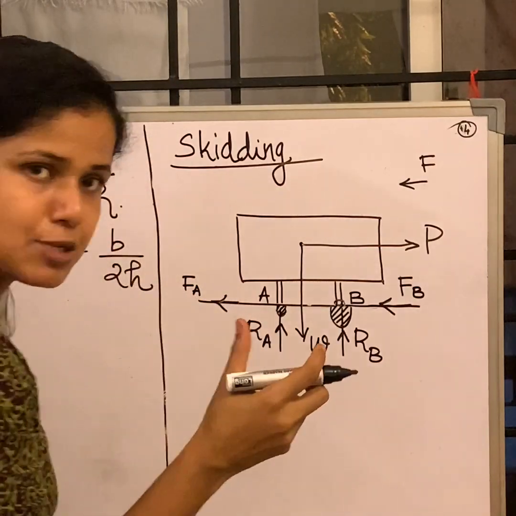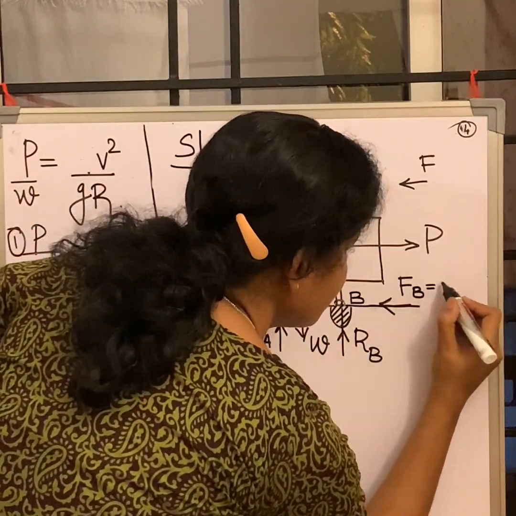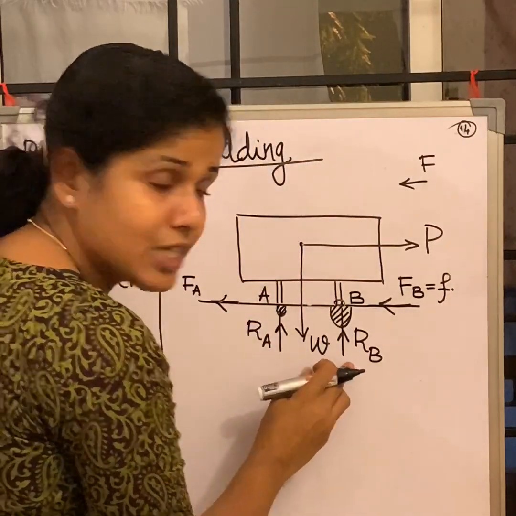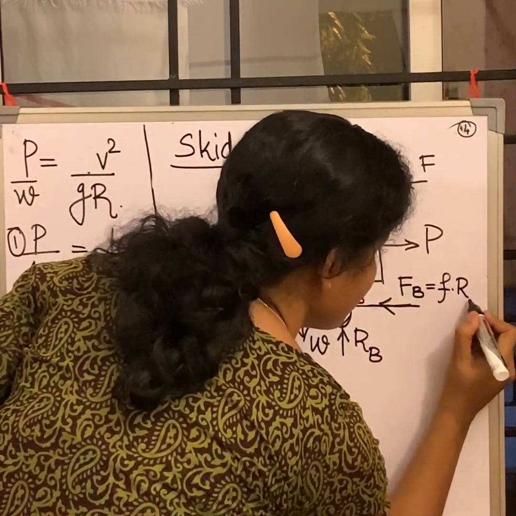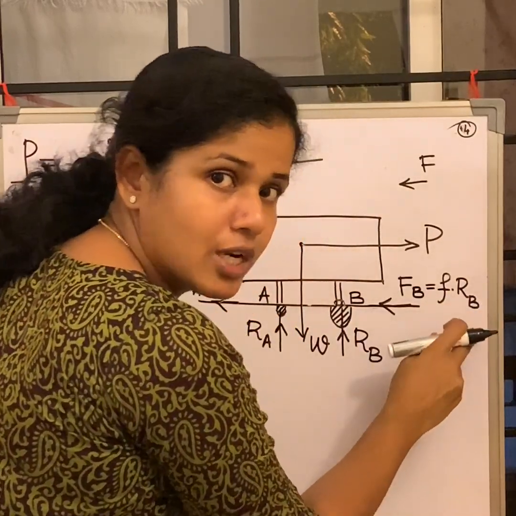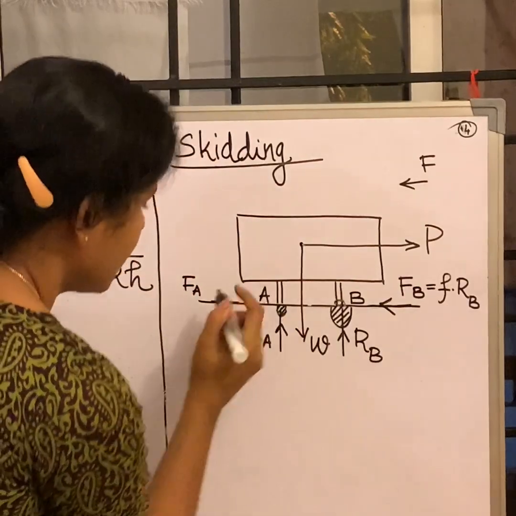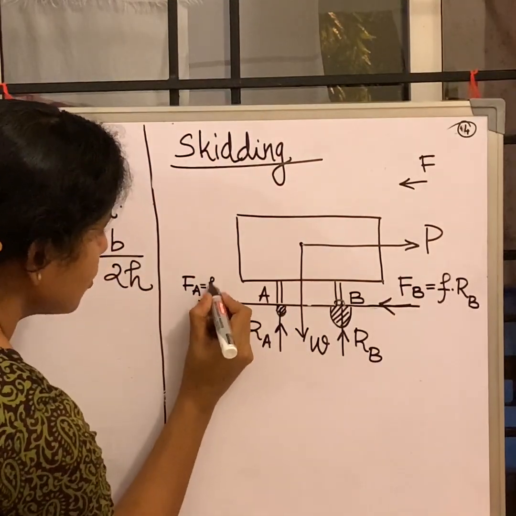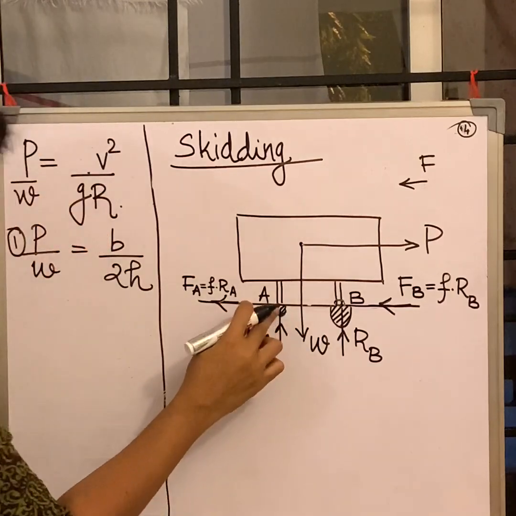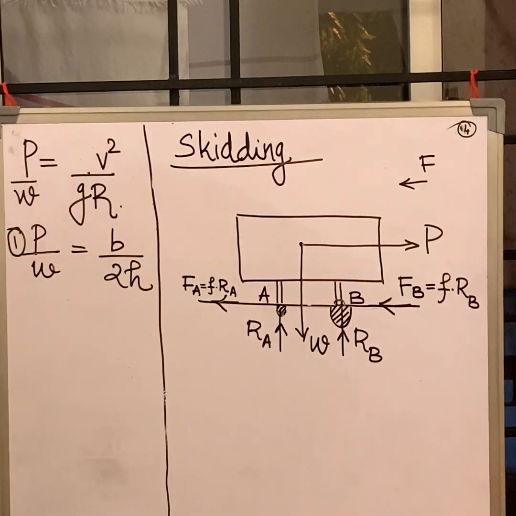Can we slightly expand it? We all know the frictional force is the coefficient of friction times the normal reaction. The normal reaction here is RB. So FB is equal to f into RB, coefficient of friction into the reaction. Similarly, FA is equal to f into RA, because this is the friction and this is the reaction developed at A.